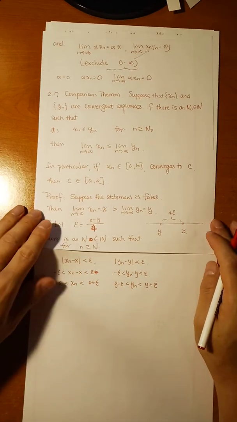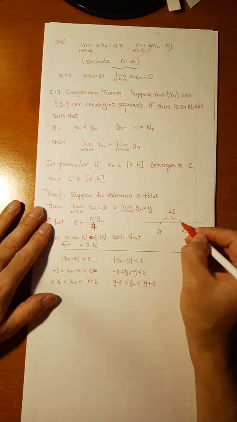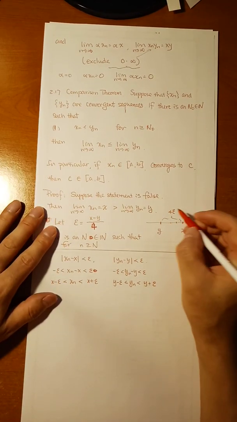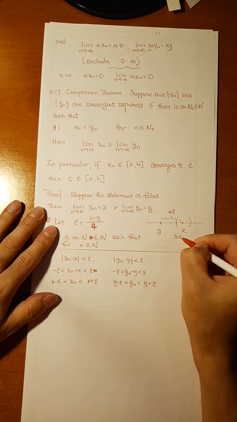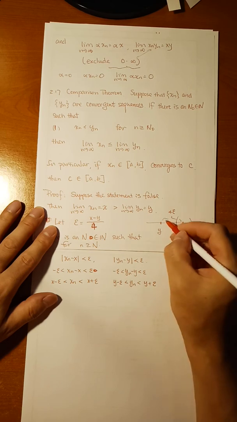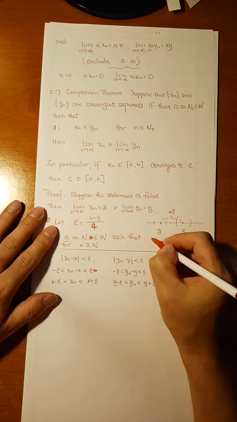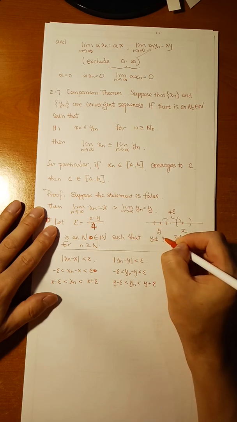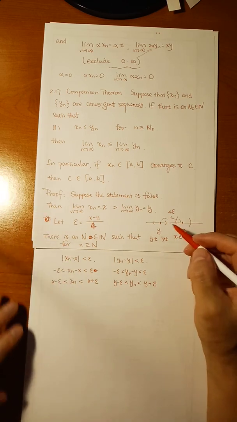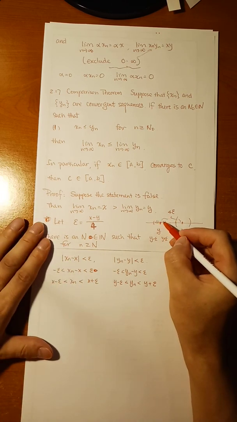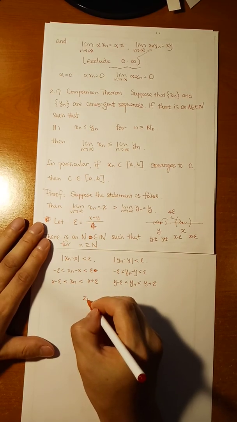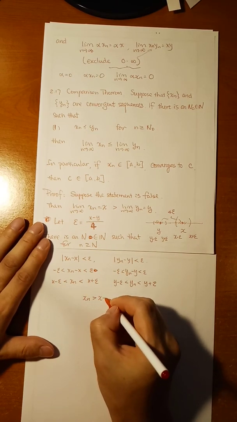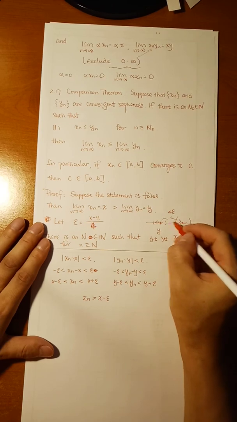Okay, so let's see the geometry. This is 4 epsilon, this is epsilon, and this is x minus epsilon, x plus epsilon, y minus epsilon, y plus epsilon. See, so eventually xn is greater than x minus epsilon. X minus epsilon is here.